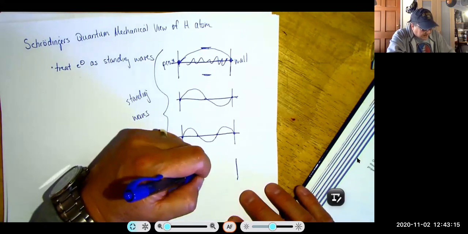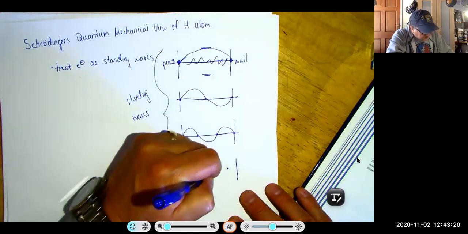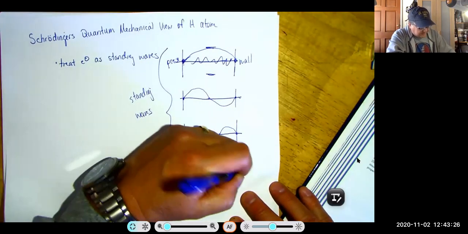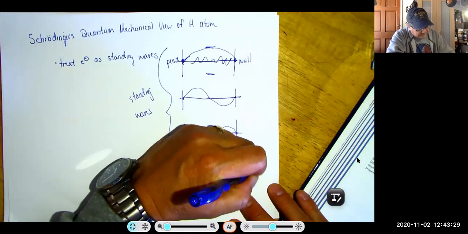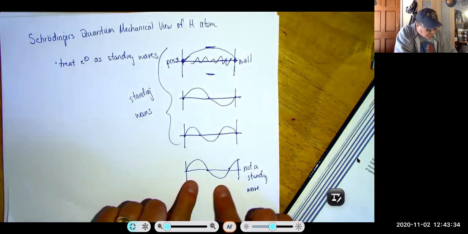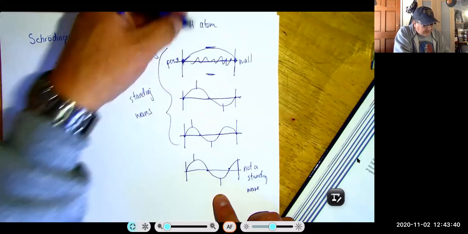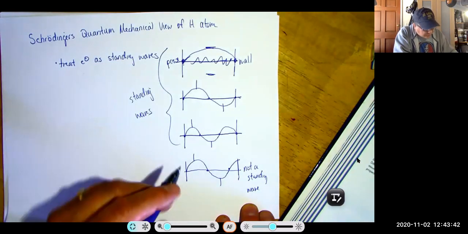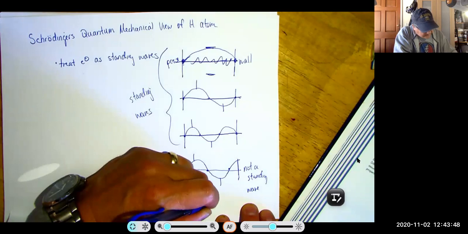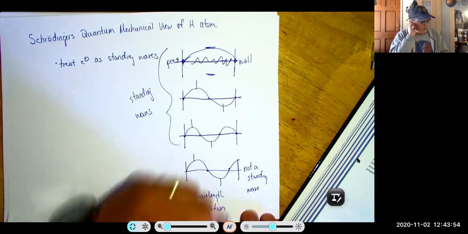So if I draw something like this, where these two distances are the same, and I go like this, this is not a standing wave. So whatever this wavelength is, this wavelength is okay, this wavelength is okay, this wavelength is not okay. This wavelength is not a solution, as it were, to our problem.